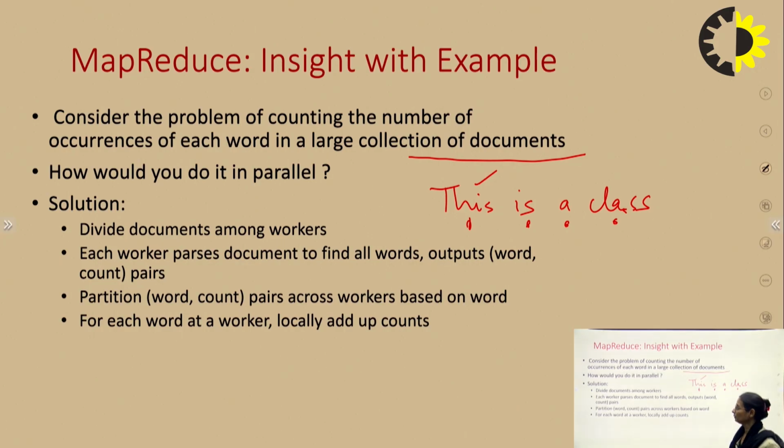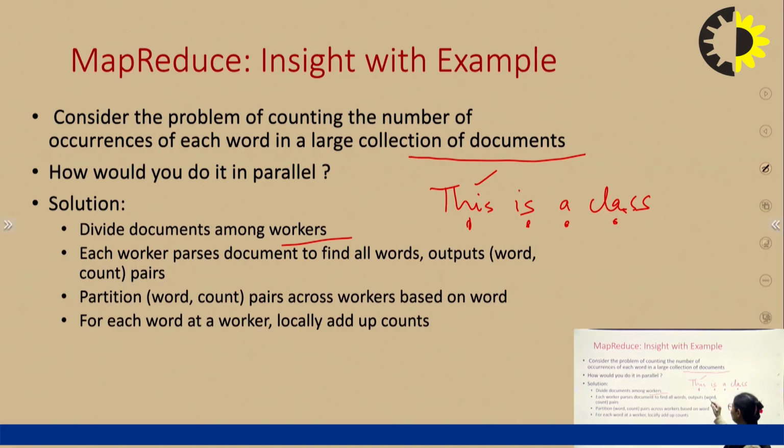So the solution may be to divide the documents among the workers, that is, the slaves in this case. Each worker, that is a slave, parses the document to find all words and outputs them, and each word forms the key and the count is the value. Then we partition the pairs across the workers based on word.